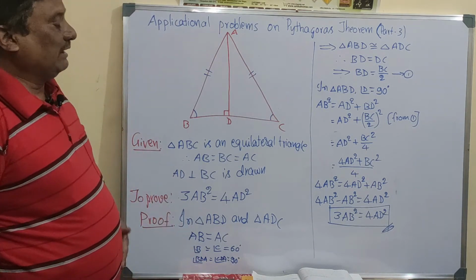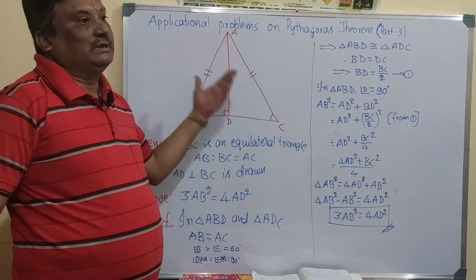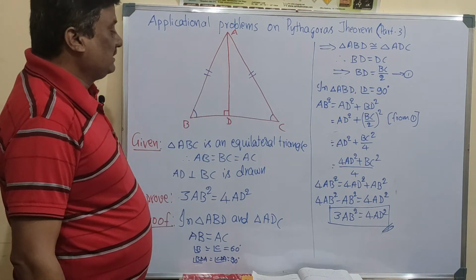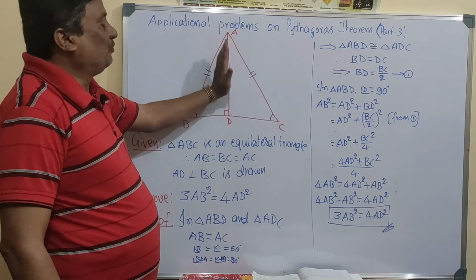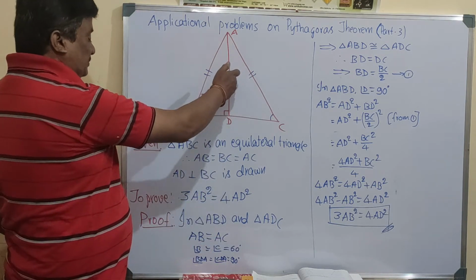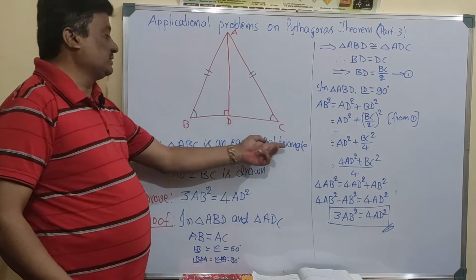So students, I will explain the result once again. In an equilateral triangle, 3 times the square of any one side is equal to 4 times the square of its altitude. Here, what they had given: triangle ABC is an equilateral triangle.